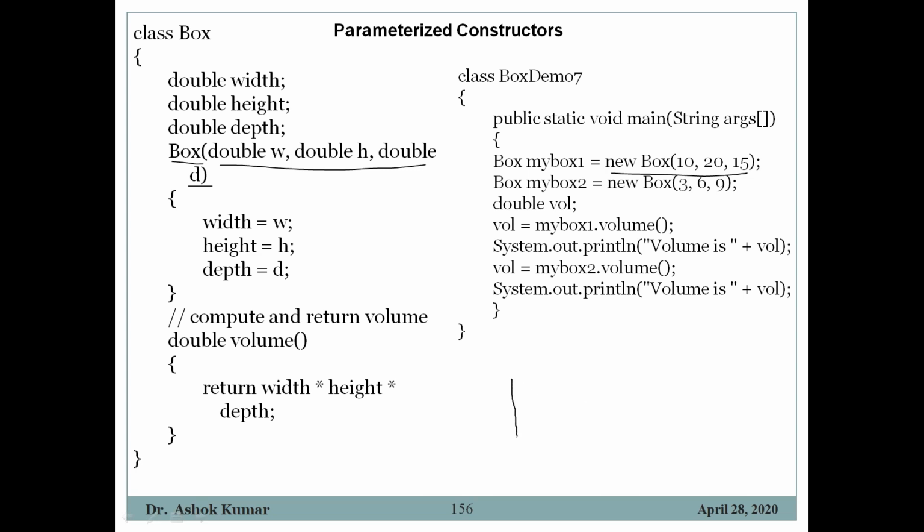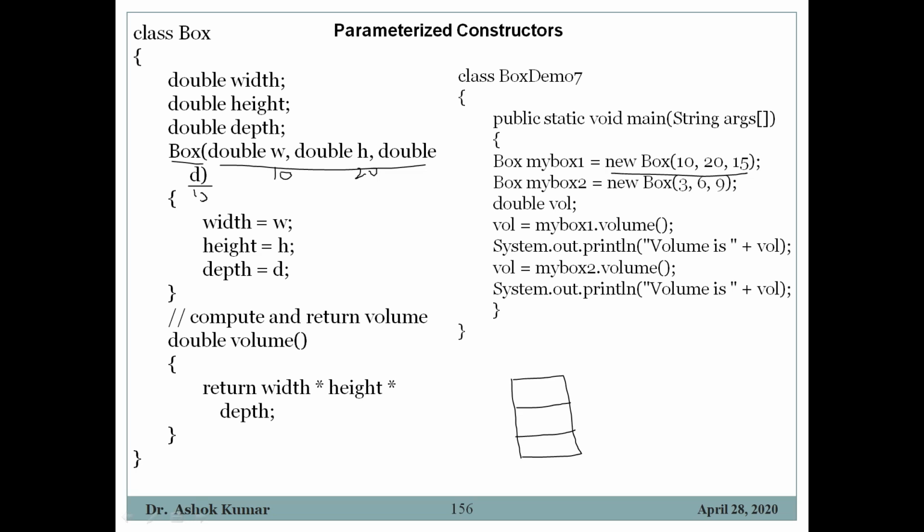So when the right hand side is executed, it will call the parameterized constructor, or a constructor with three parameters. These three values 10, 20 and 15 will be passed to the corresponding variables of the constructor. So this is 10, this actual value is 20 and the value of d is 15.